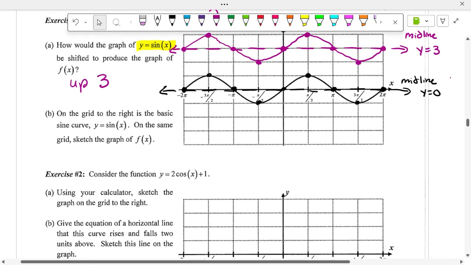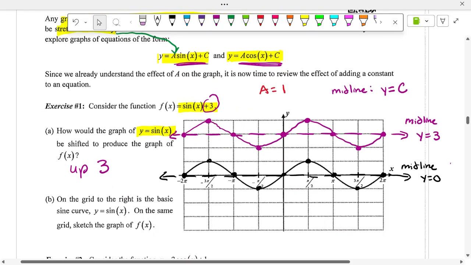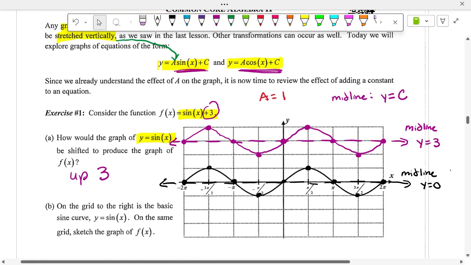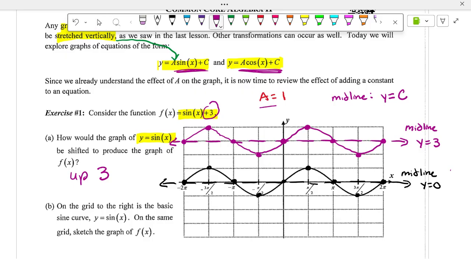Now, here's what's great about the midline. Our amplitude for both of these is what? What value is being multiplied to the sine? 1. We already said our amplitude was 1. Well, is it 1 away from the max and min? So how many units is it from the max and the min?